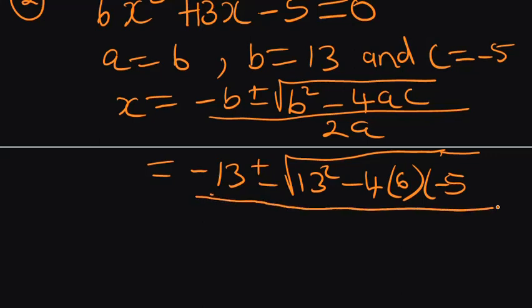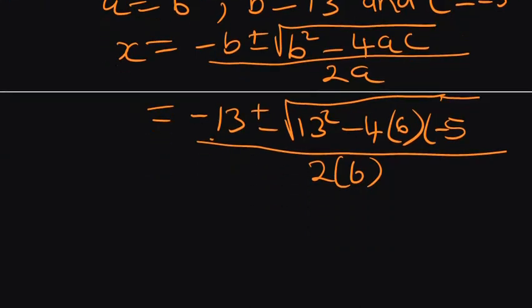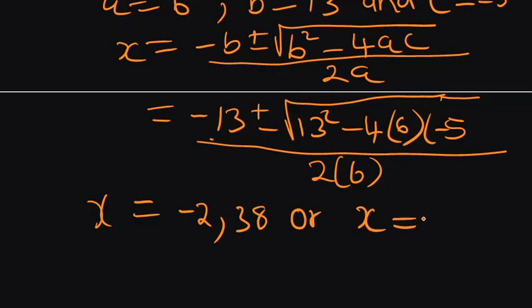All over 2 times 6. You need to put this information in a calculator. x is equal to negative 2.38, or x is equal to 0.21 if we round off to 2 decimal places.